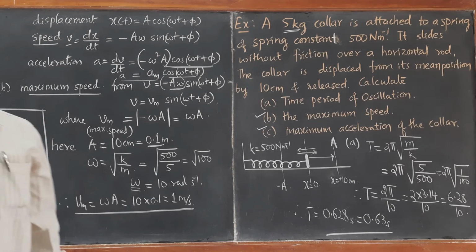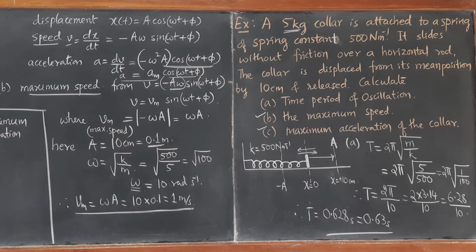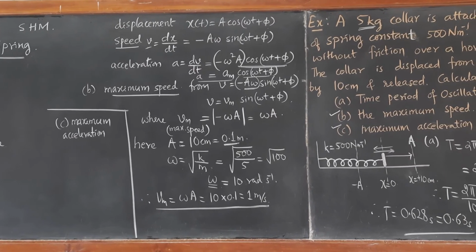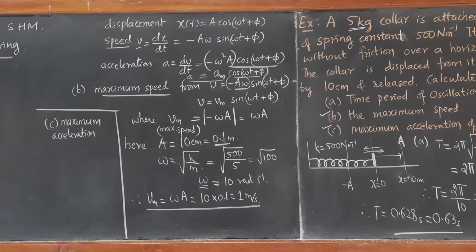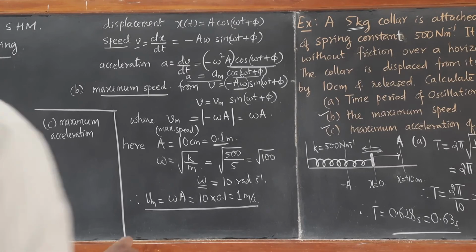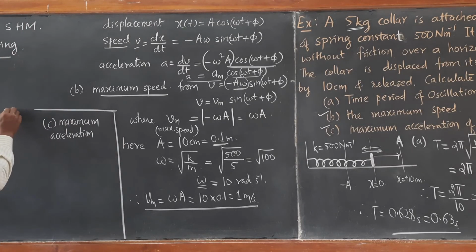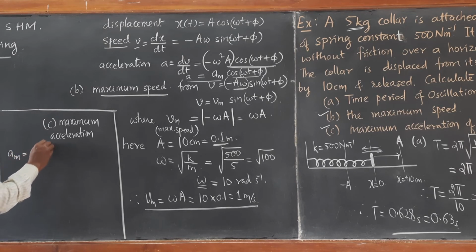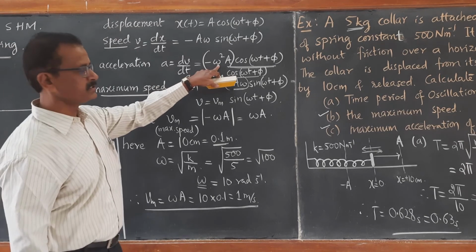Maximum acceleration can be calculated as am, which is equal to omega squared A. That is evident from this equation.